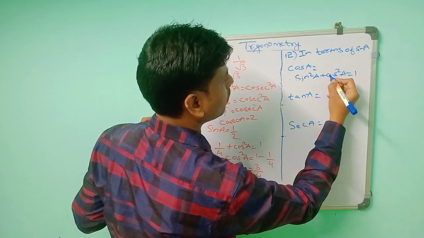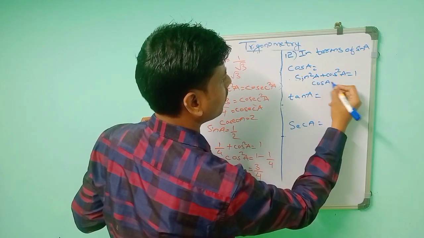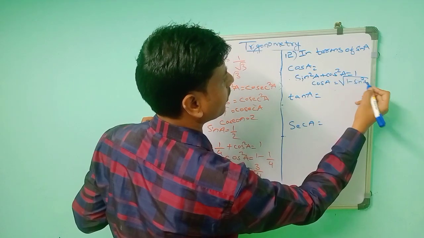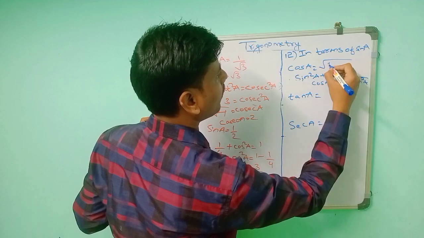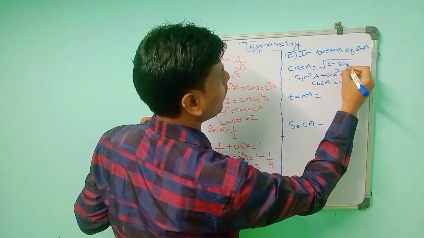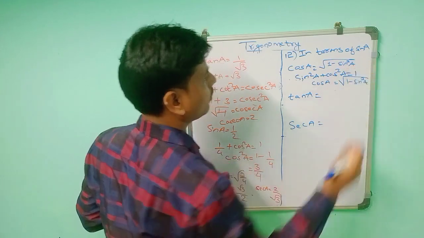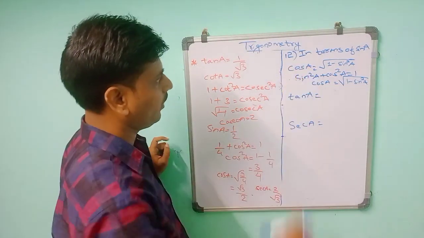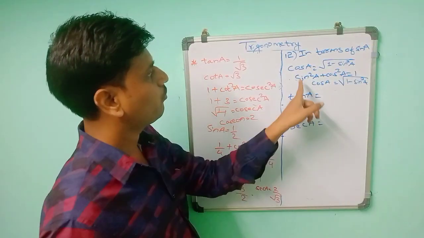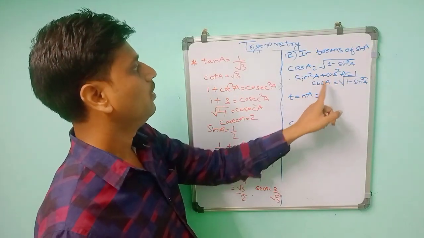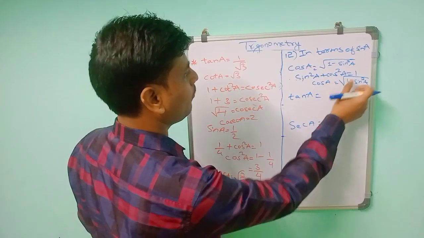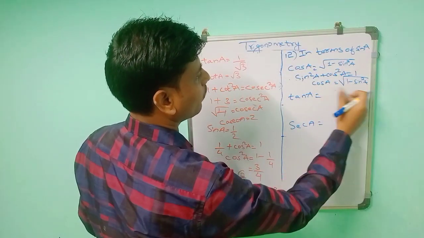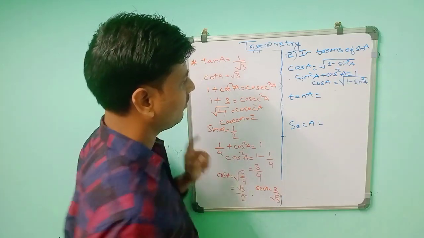From this, if you take cos A, it will be root of 1 minus sin square A. For cos A, we have to write in terms of sin A. So cos square A will become 1 minus sin square A, but you have to take the square root. So cos A is equal to root of 1 minus sin square A.